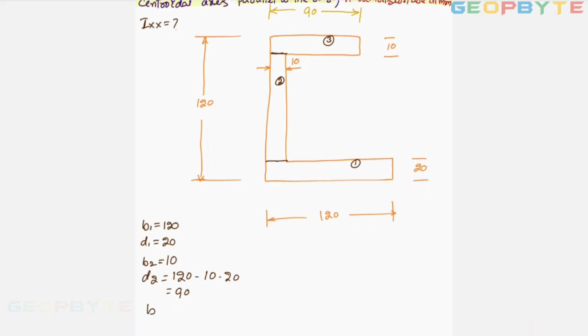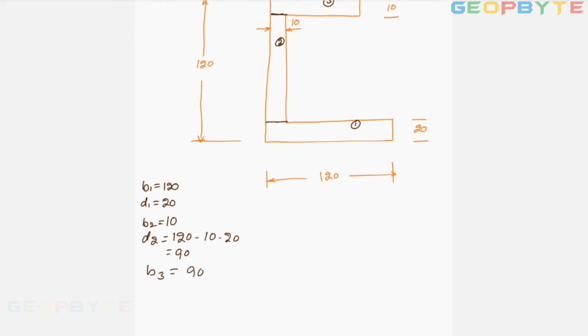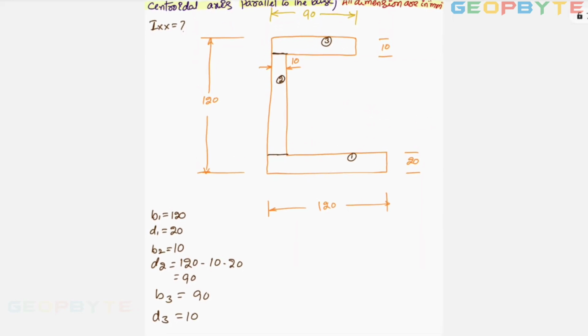Similarly, B3 equal to 90, D3 equal to 10. Now A1 equal to B1 D1, A2 equal to B2 D2, A3 equal to B3 D3. You substitute all these values for getting the areas in mm square.